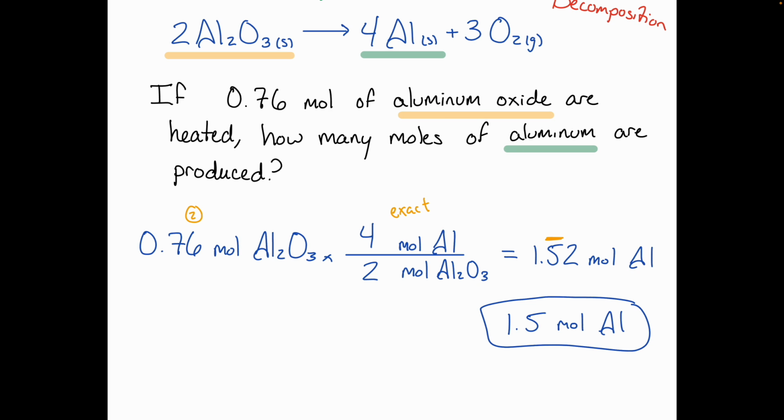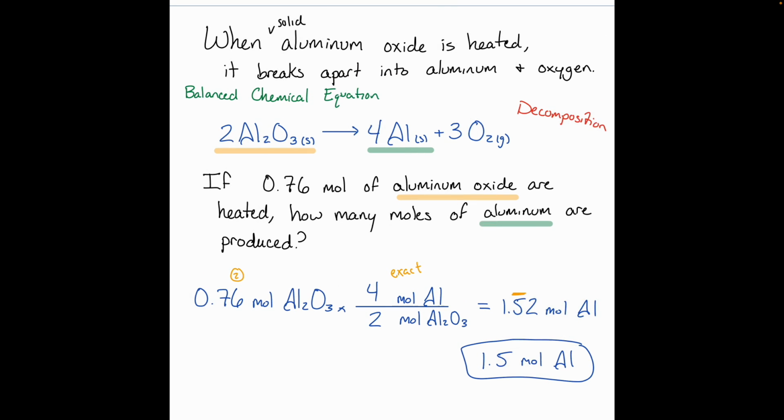Appreciate it. Cool? All right, so again, we talked about turning these descriptions of reactions into our balanced chemical equations. We talked about balancing chemical equations before, but now we're introducing these states of matter that you have to include as well. All right? And then from our balanced chemical equation, we can build these stoichiometric ratios.